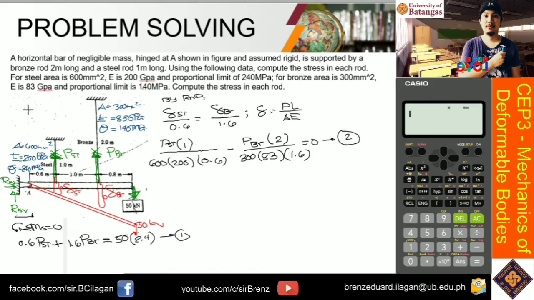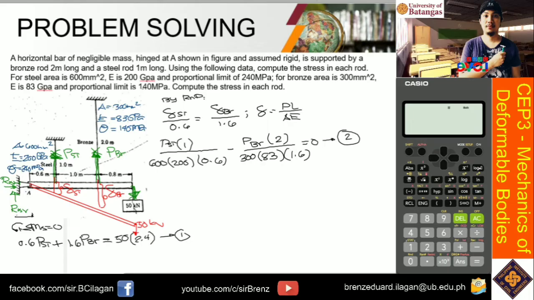Okay, so pindutin lang ulit natin sa calcu. So pwede ko naman mag-elimination or mag-equation tayo. Two equations, two unknowns. So gamitin natin yung ating mas upgraded na calcu para mahanap yung mga unknown. Okay guys, so pindutin natin.